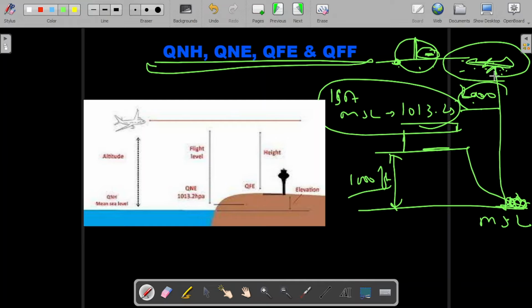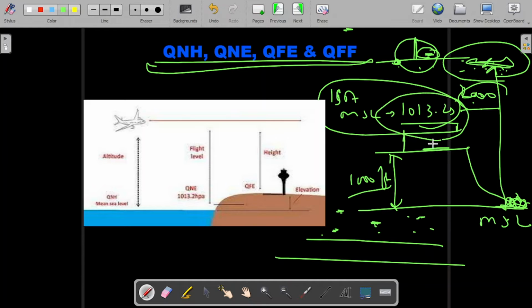If he is flying very high and there is air traffic at that height, I'll just draw it here. This is mean sea level, there is an aircraft flying and there are other aircraft flying. He wants to know his height relative to the other aircraft. Since they are all flying at a very high height and are not approaching downwards, they can all communicate and set their datum pressure to 1013.25.